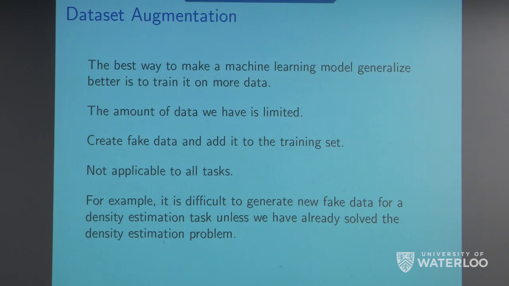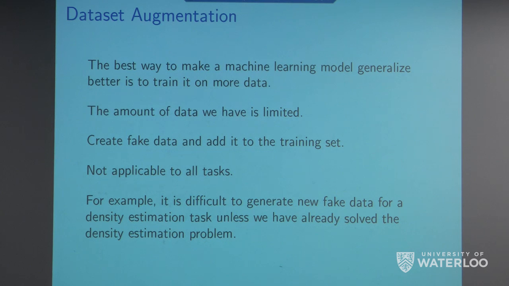So when you do deep learning or neural networks, another way of doing regularization, because it's pretty important to make sure that you don't overfit, is dataset augmentation. Dataset augmentation means that you don't have enough data points, so you're going to generate some data points.